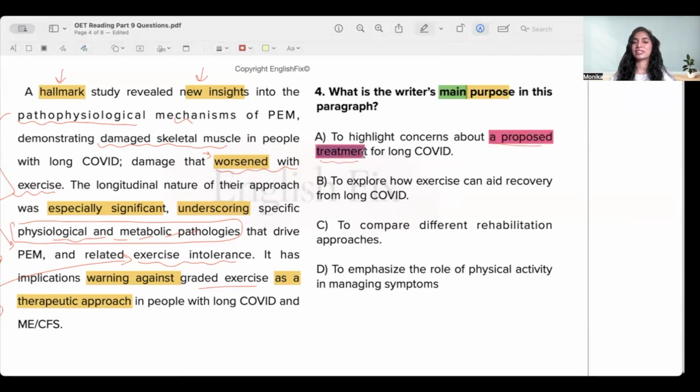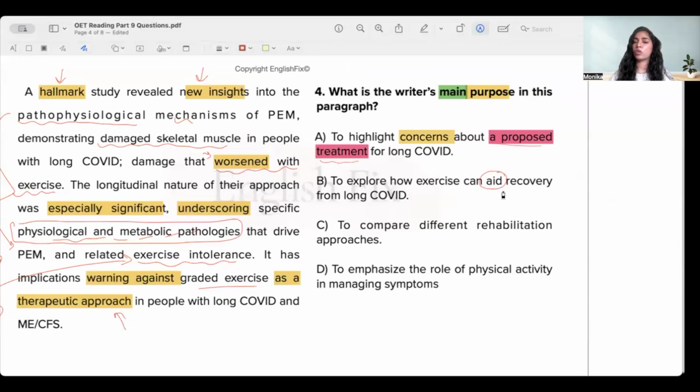They haven't proposed it as a treatment, but because they are warning against graded exercise as a therapeutic approach, I could possibly understand it. And they have concerns about it. Yes, it could have implications. I have no problem with concerns. I am only not very convinced with proposed treatment, but it can still be the right answer. I'm just going to check the remaining options because it is still a form of treatment when they're calling it an approach.